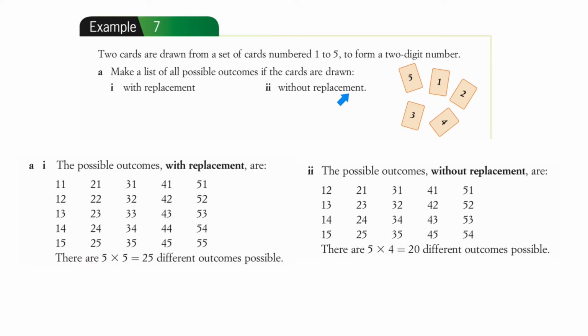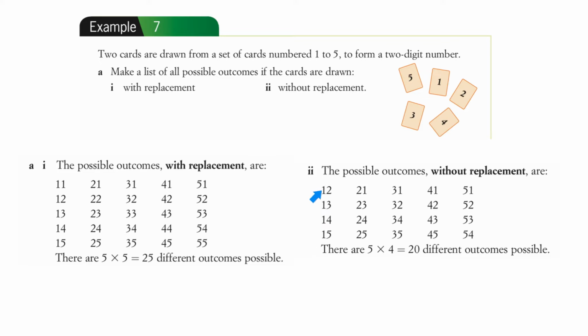Let's have a look at without replacement. Now, without replacement, you can just see from here, there's fewer outcomes. The reason there's fewer outcomes is because if you take the first card and you don't put it back in, then there's only 4 more cards to choose from. So there's no more 1 to choose from anymore because you didn't put it back. So you can have 1 and 2, but you couldn't have 1 and 1. But you could have 1 and 2, you could have 1 and 3, 1 and 4, 1 and 5.